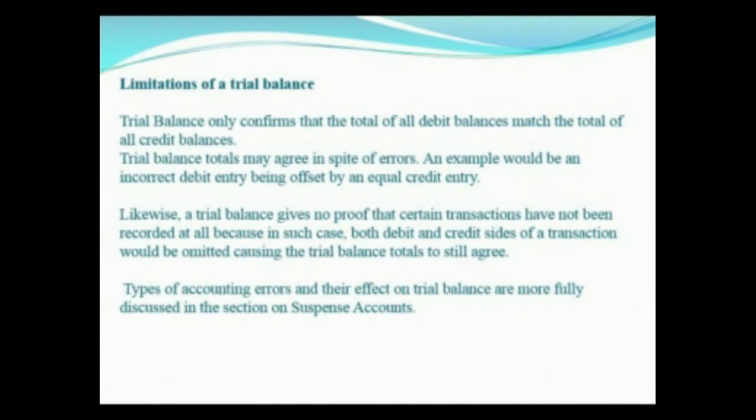Likewise, a trial balance gives no proof that certain transactions have not been recorded at all, because in such a case both the debit and credit sides of a transaction would be omitted, causing the trial balance totals to still agree. Types of accounting errors and their effects on the trial balance are more fully discussed in the section on the suspense account.